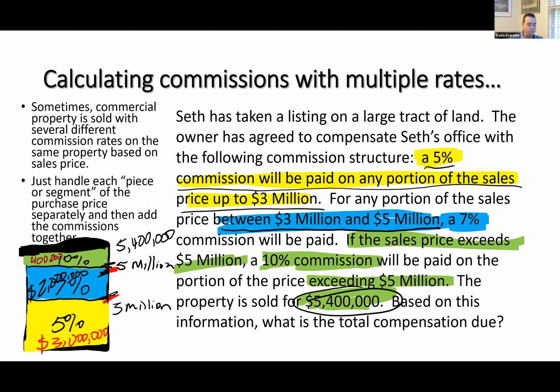So, oops, I didn't mean to do that. So when you look at this, what you're going to do is you're going to take these pieces separately. You're going to say, okay, well, 300,000, or 3 million rather, I'm sorry, one more zero, times 5%. And that gives you 150,000, I think, but I'm going to check it. That's 150,000 for the yellow box.